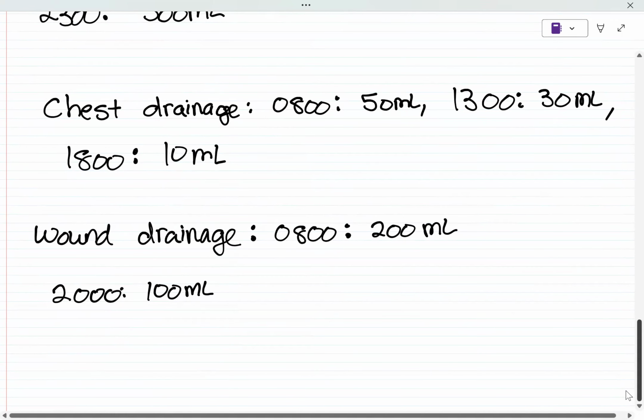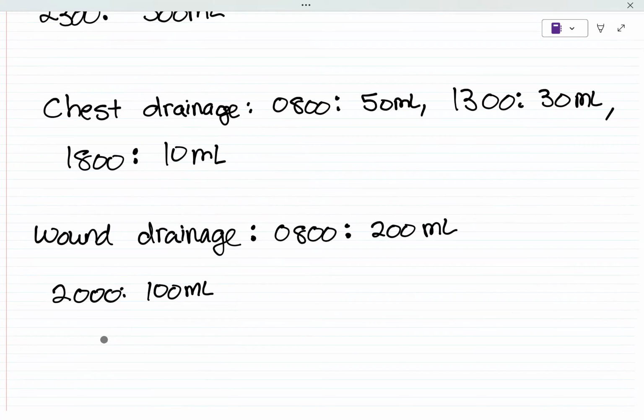Okay, so what we have to do is find the total intake, and then find the total output, to find the fluid balance.